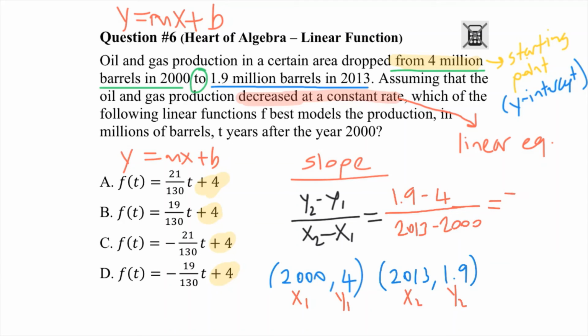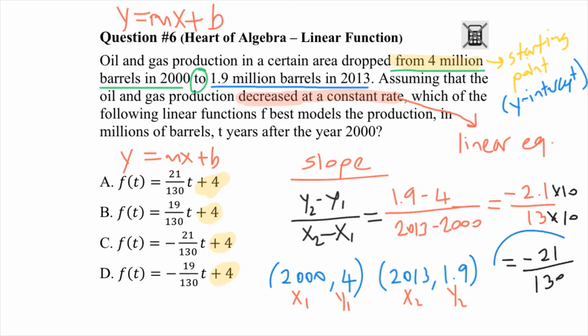So it is going to be negative 2.1 all over 13. I don't like to see decimal numbers in a fraction. I would like to make it a whole number or an integer. I need to multiply bottom and top by 10. It will be negative 21 over 130.